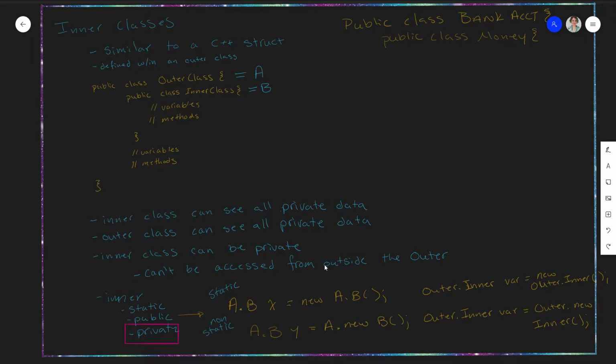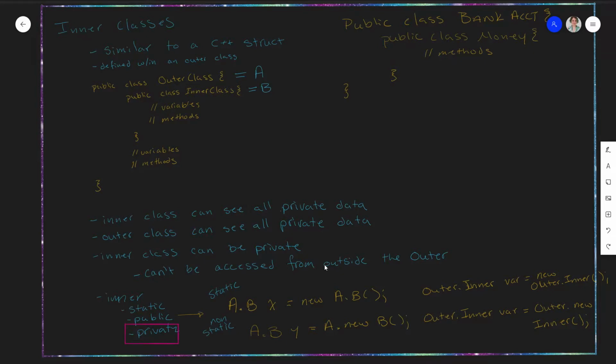So there are some various methods in here, and we're not really going to talk too much about those because that's not what I want to talk about. I just want to show what it looks like when you write it. You can look at this example yourself with all of the detail on pages 740 through 742 of your textbook. So we have public class bank account, public class money with methods inside of there.